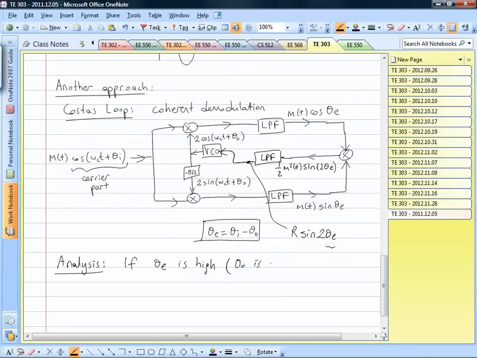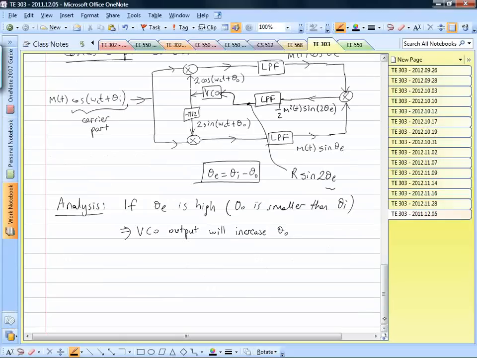Theta o is smaller than maybe theta i. Then the VCO output will increase theta o, and so on.